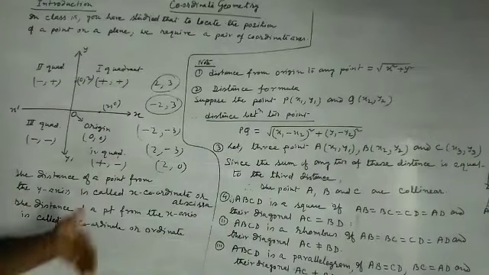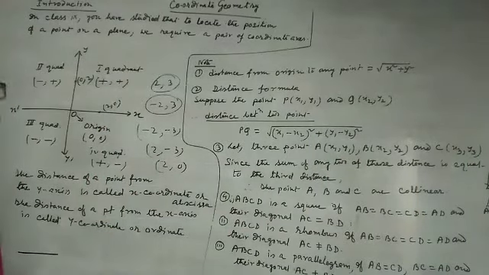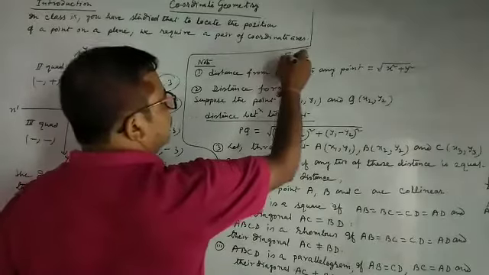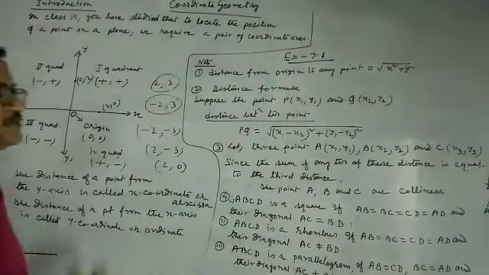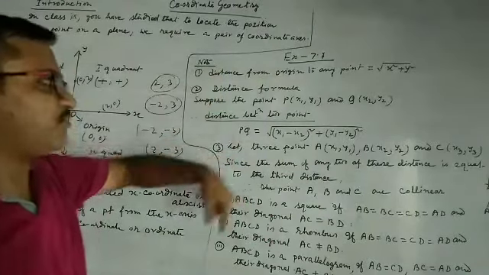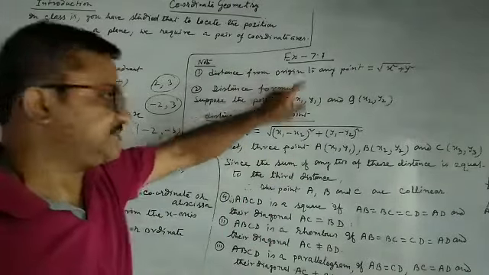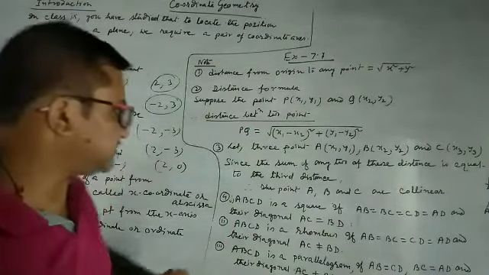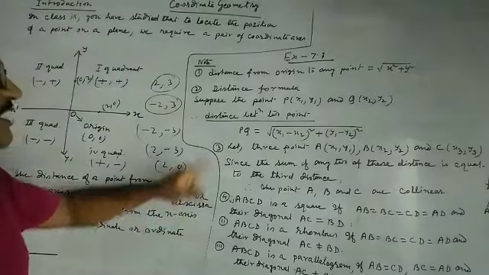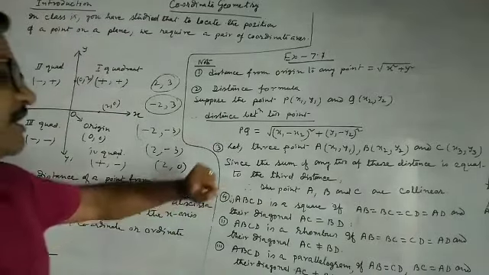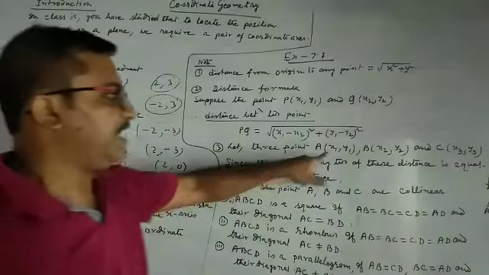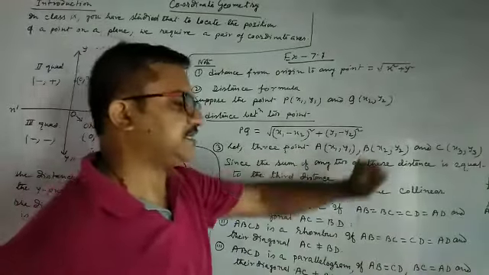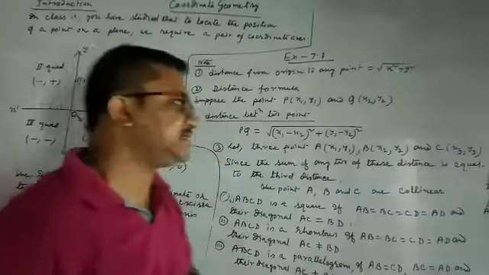Next, from this first lesson, in exercise 7.1, we need this formula: distance from the origin, distance between two points. Next, number 3, suppose we have three points A(x1, y1), B(x2, y2), and C(x3, y3).